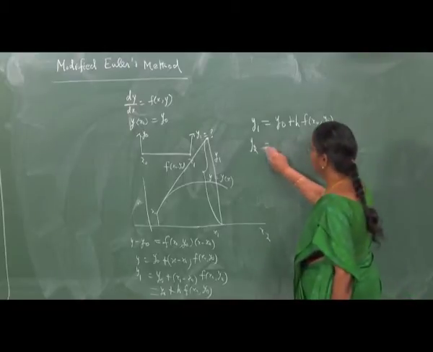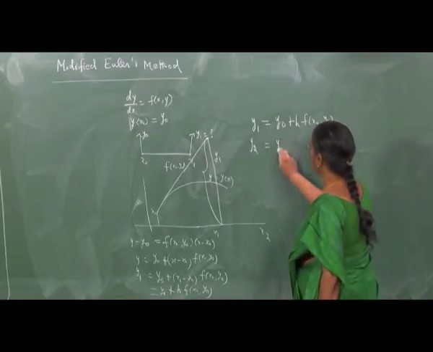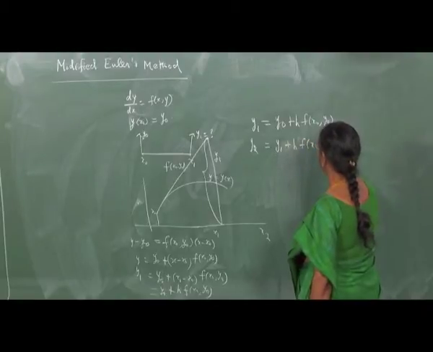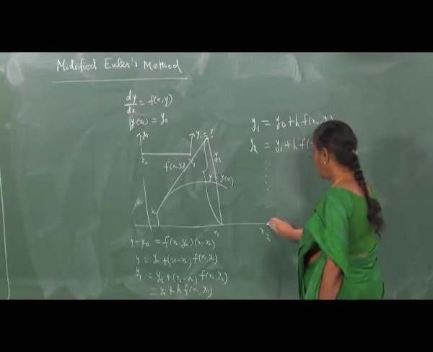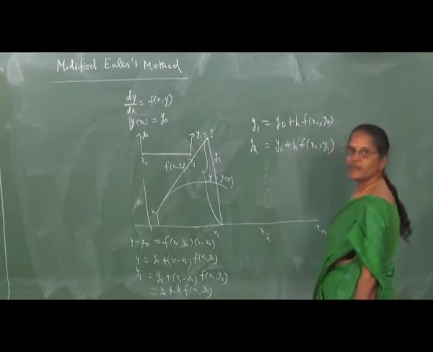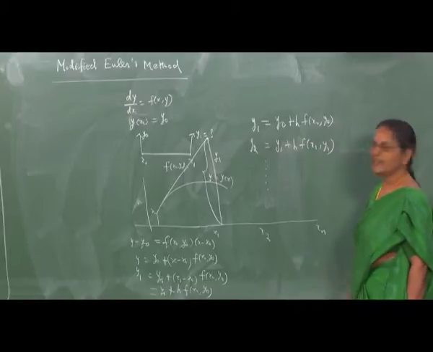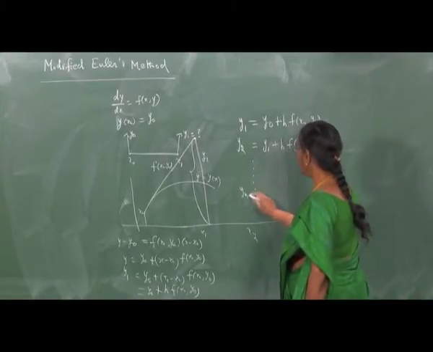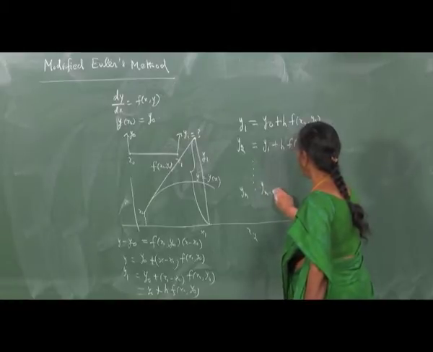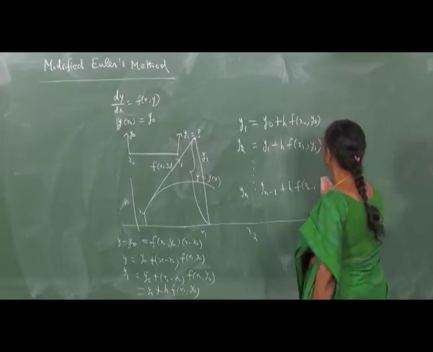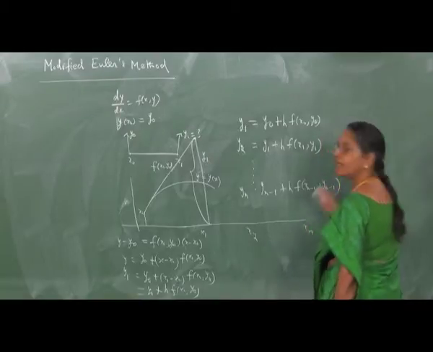Then, by the same argument, y2 will be y1 plus h into f of x1, y1, and I can go on and reach the point xn at which I would like to find the solution, namely yn, which is yn minus 1 plus h into f of xn minus 1 comma yn minus 1.